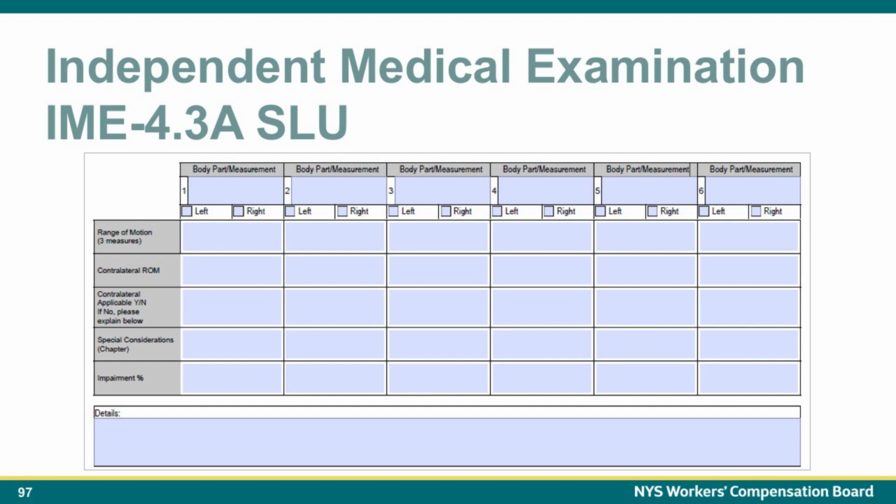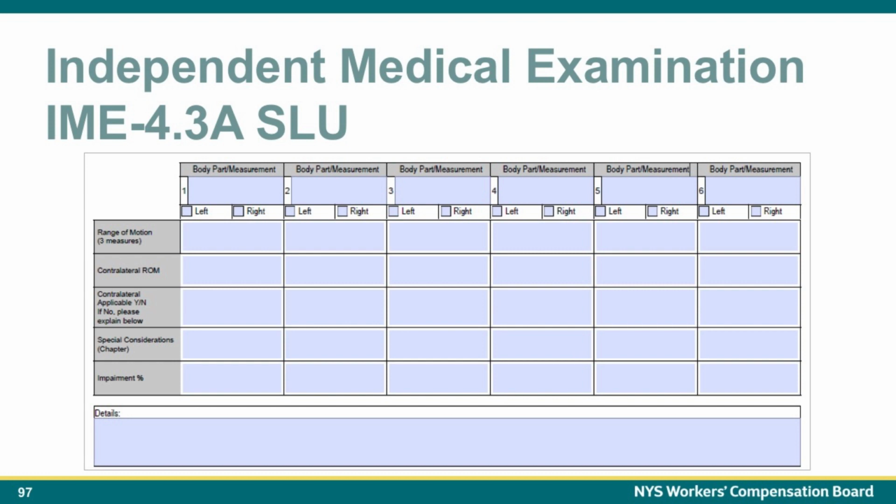None of the policies, procedures, or processes associated with the independent medical examination has changed. Who you copy or what information you include is unchanged. The only difference is the use of attachments to document the examination. If you are performing an independent medical examination for an SLU, complete Form IME 4.3A.